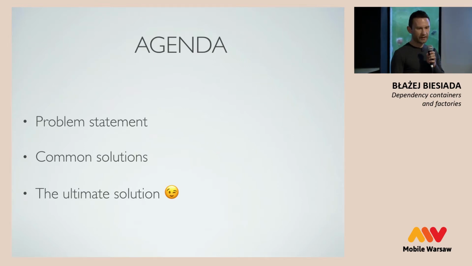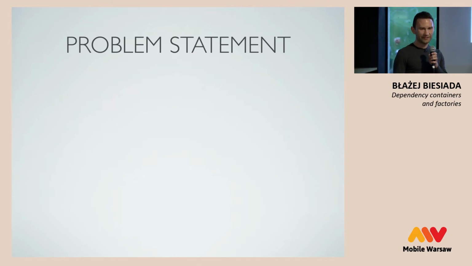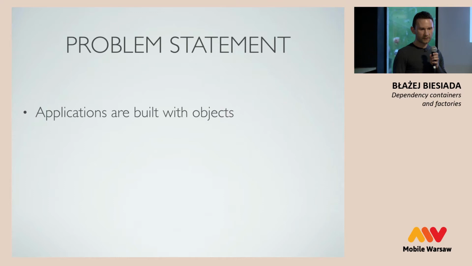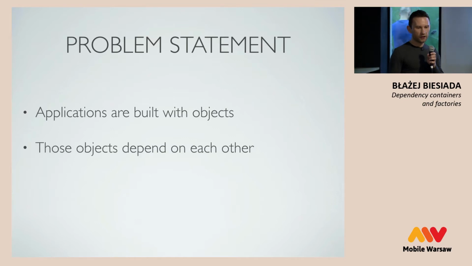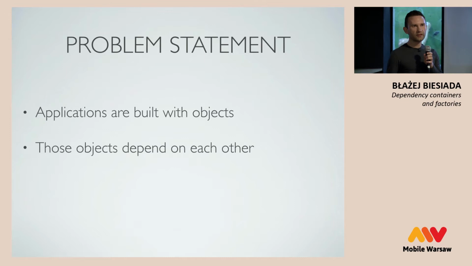And yeah, so the problem statement. The thing is that application software is built with many objects. And all those objects need to talk to each other, which means that they depend on each other. You cannot have one without the other.